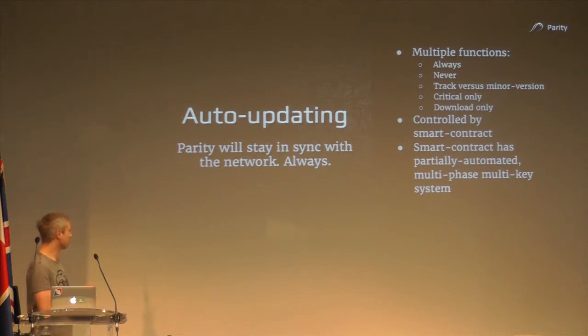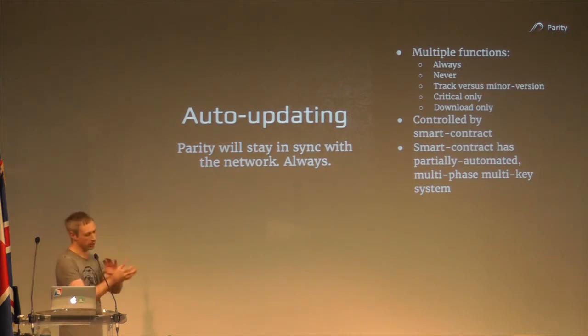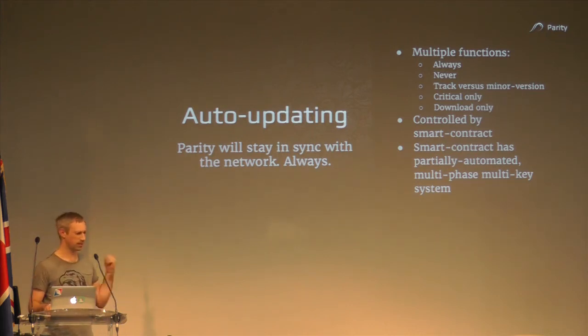The smart contract behind it, I'll go into this a bit later, but basically it's got a partially oriented multi-phase, multi-key system, which increases the security of the system as a whole. Basically, to make a release, it does actually require a cold wallet key to sign a transaction.